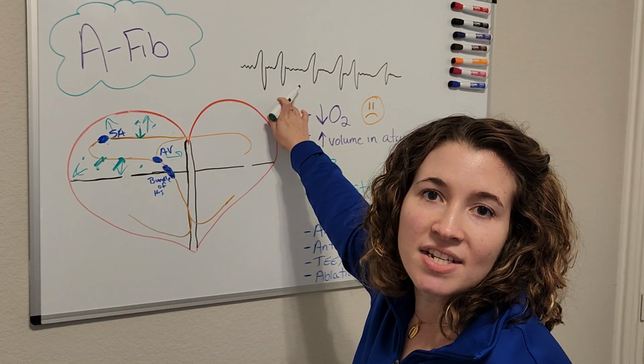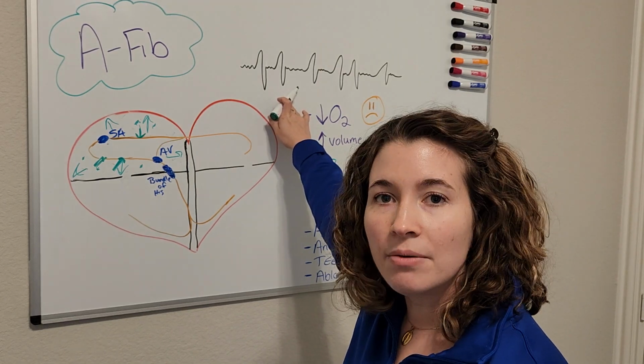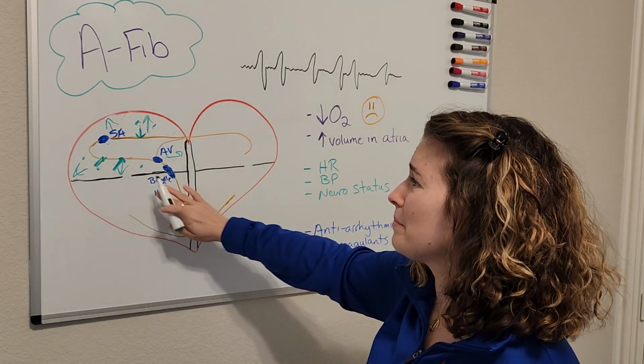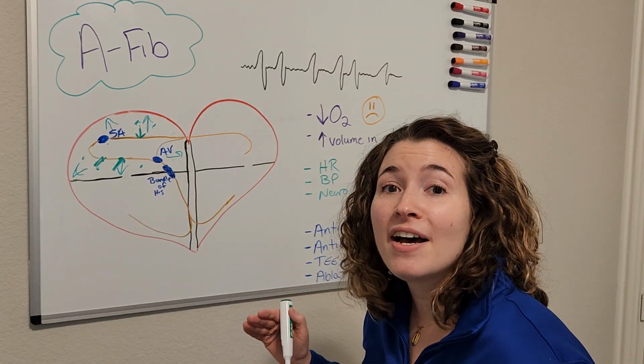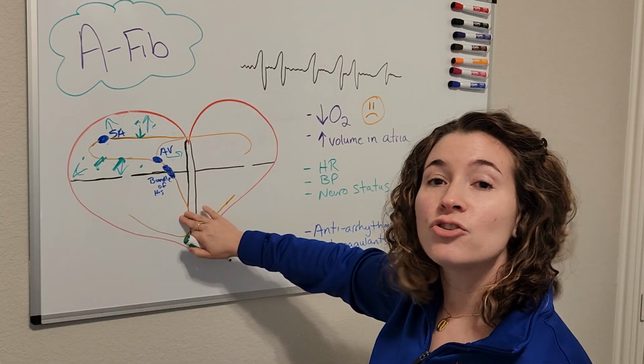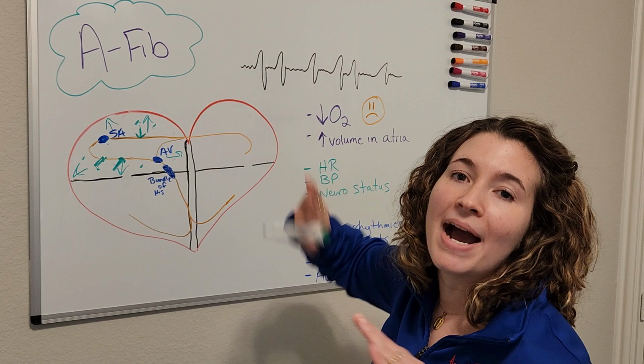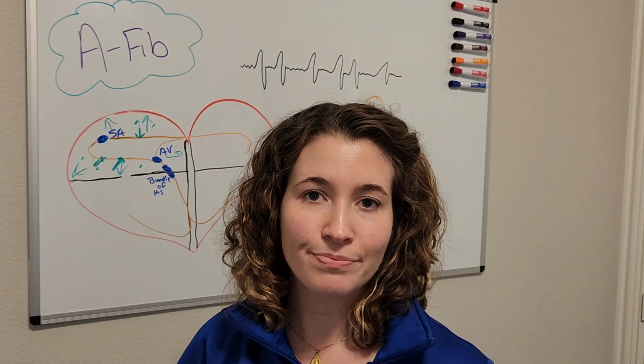And that's what gives us that irregular rhythm on our ECG monitor, okay? It sometimes takes a little bit of time to get that signal down to the ventricles to contract. Sometimes it takes a little bit longer, and that's where that irregularity occurs, okay?